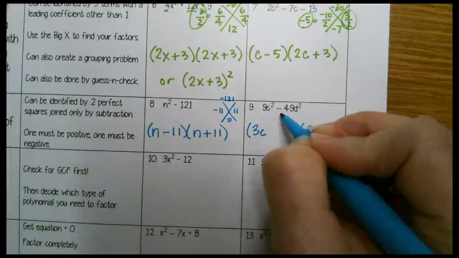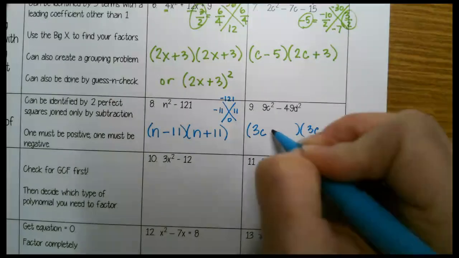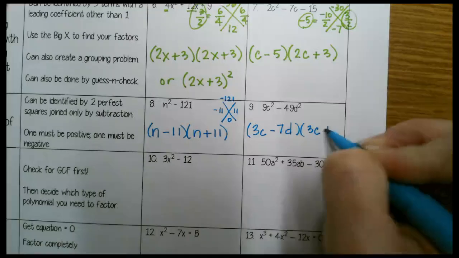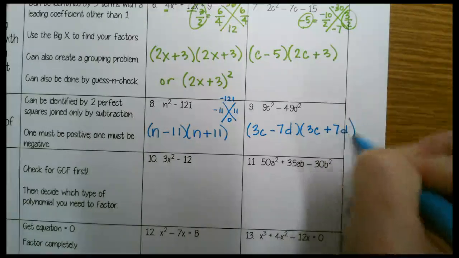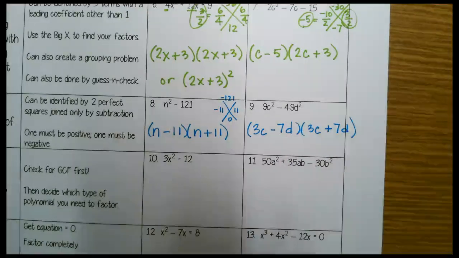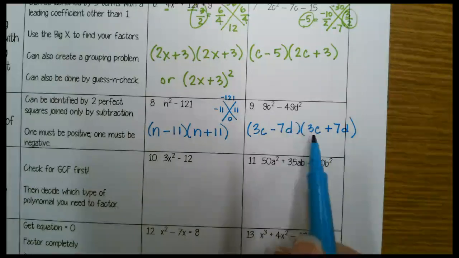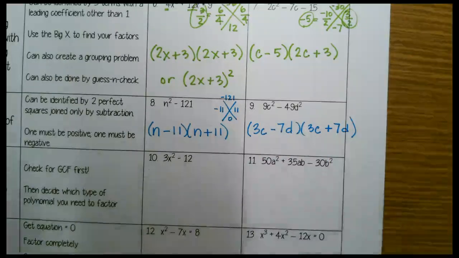In order to get a negative 49d squared, I need a negative 7d and a positive 7d. And there you have it. And again, if you multiply those back together, the middle cancels out because one of them will be negative 21 and the other one will be positive 21.